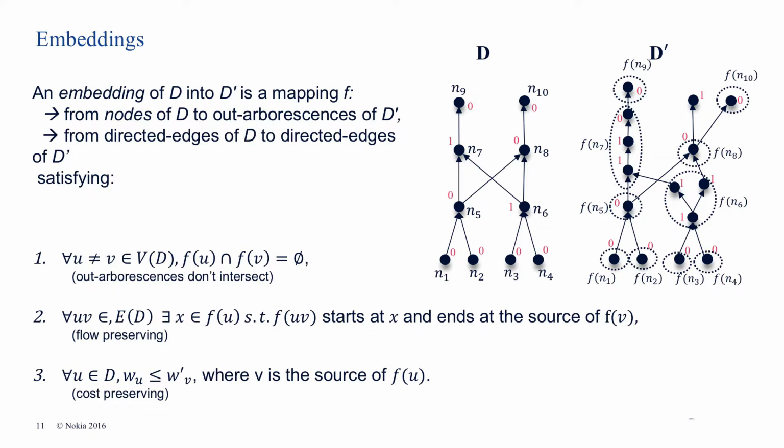Our goal is that, given two clauses, two circuits or two DAGs, you want to generate a container DAG such that you can implement either of the circuits. To talk about this, we have to define what an embedding is. An embedding of a DAG D into D prime is a mapping from nodes to out-arborescences.